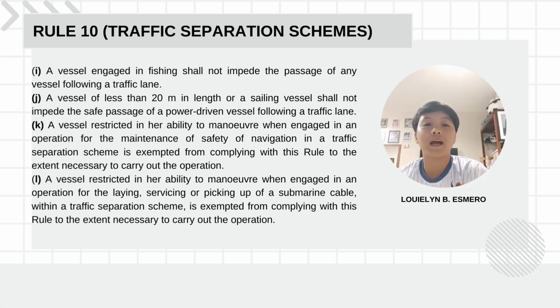J. A vessel of less than 20 meters in length or a sailing vessel shall not impede the safe passage of a power-driven vessel following a traffic lane. So, a power-driven vessel following a traffic lane may not be impeded by a vessel shorter than 20 meters in length or a sailing vessel.